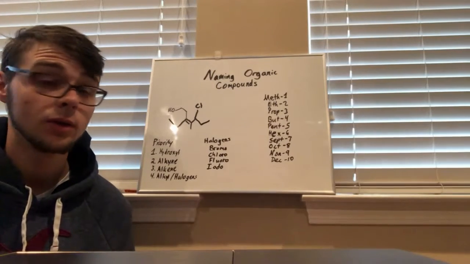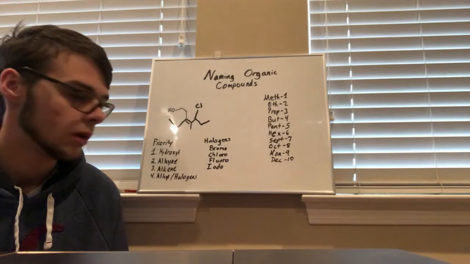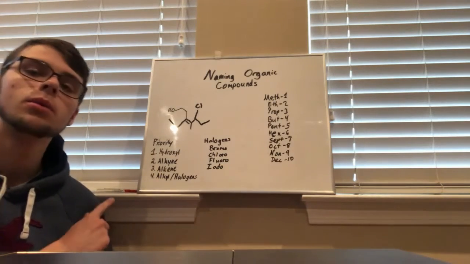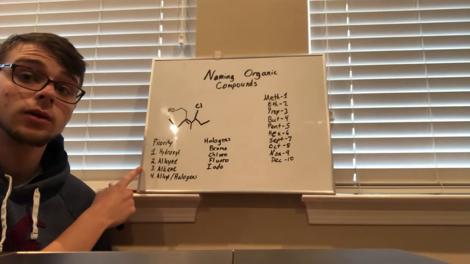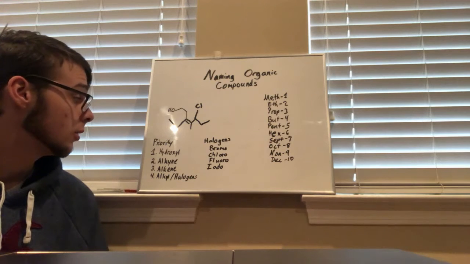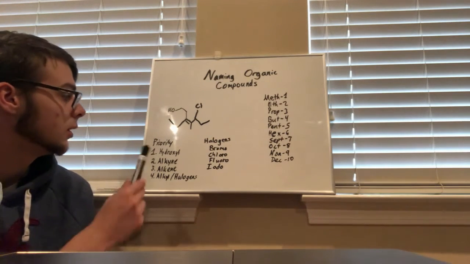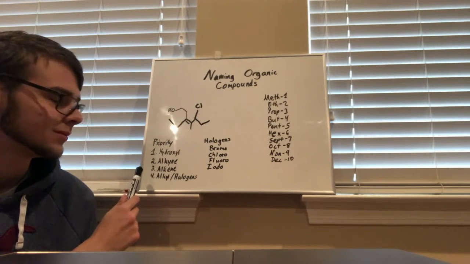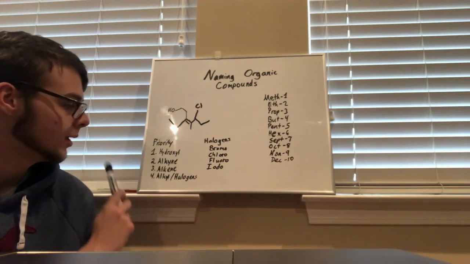Now we're going to do a little bit of a harder example. Now, the first thing you'll notice is that I've also written on the board priority. This is the priority we have to follow when we start naming or labeling our compounds. So it goes hydroxyls, alkenes, alkanes, alkyne, alkene, alkyl, and halogens.